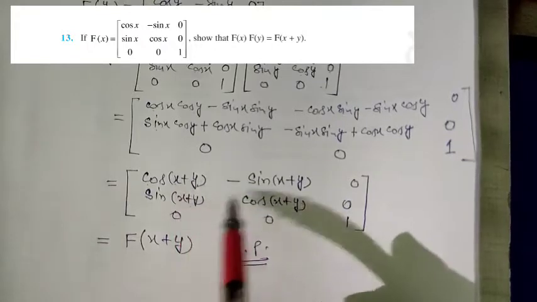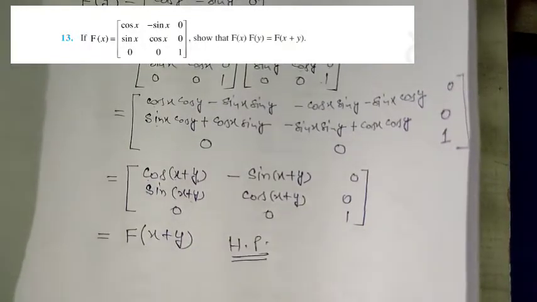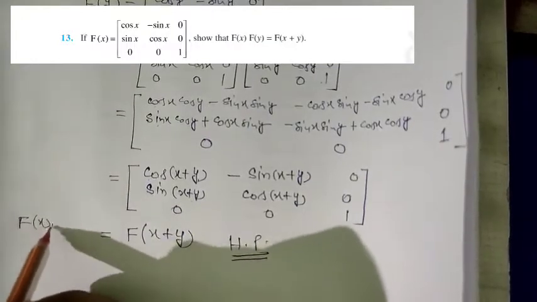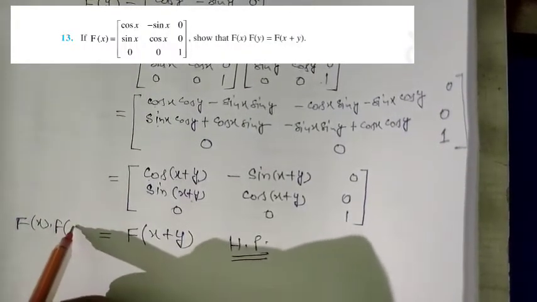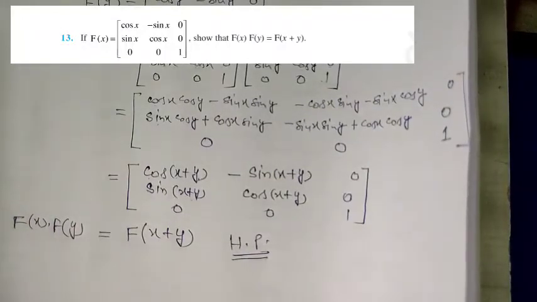We have got this kind of matrix, so we can say this is f(x plus y). So in that way we have proved that f(x) into f(y) is equal to f(x plus y). Hence proved.